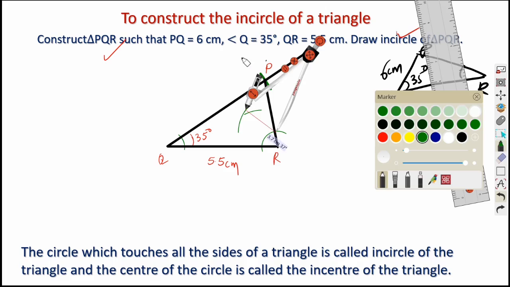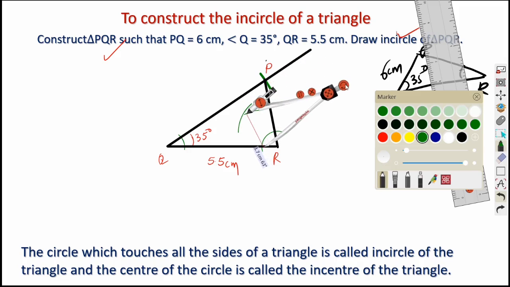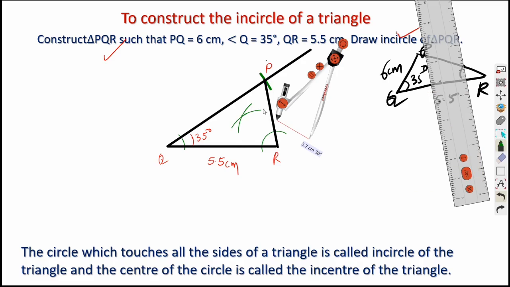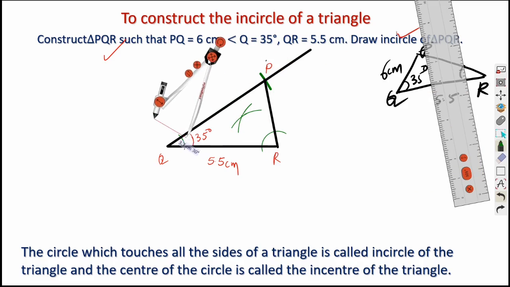The first one was drawn little small. We'll redraw that. Okay. We got a point for angle bisector. The same way here also.